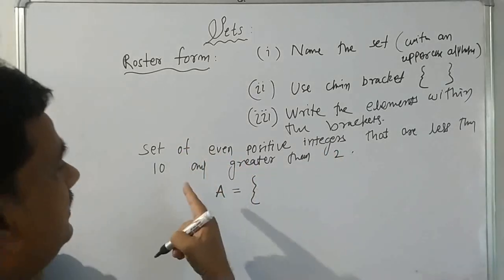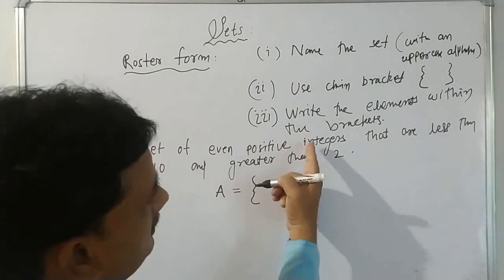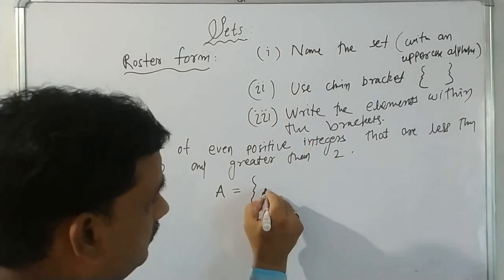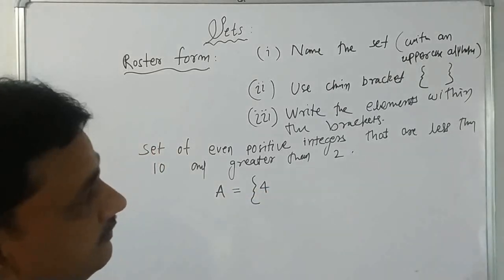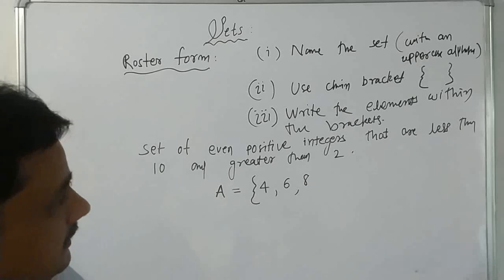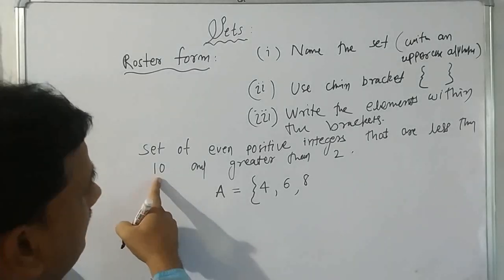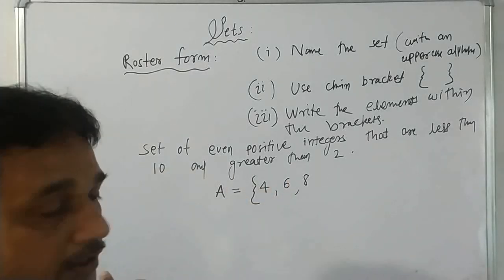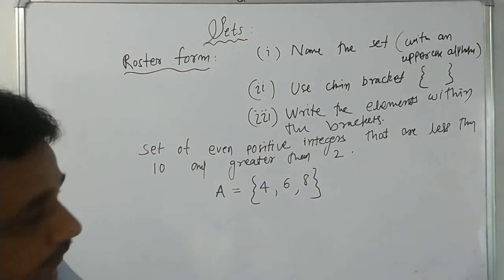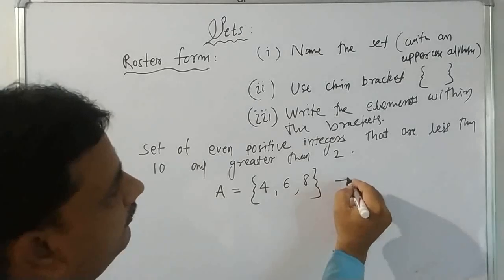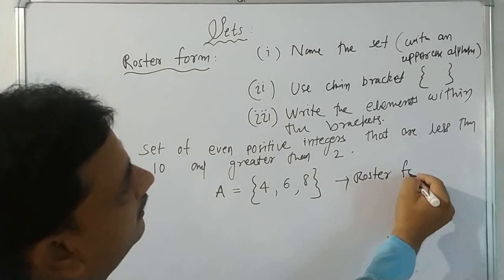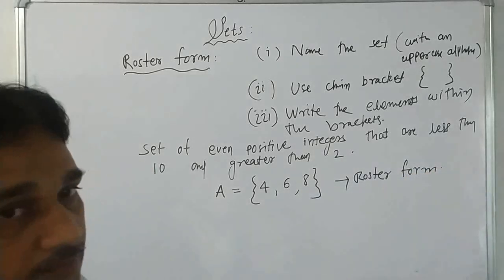Set of even positive integers, but greater than 2: the first even positive integer is 4, then 6, then 8. But it is given less than 10, so 10 will not be included. So here you close it. This is the way of writing a set in roster form.